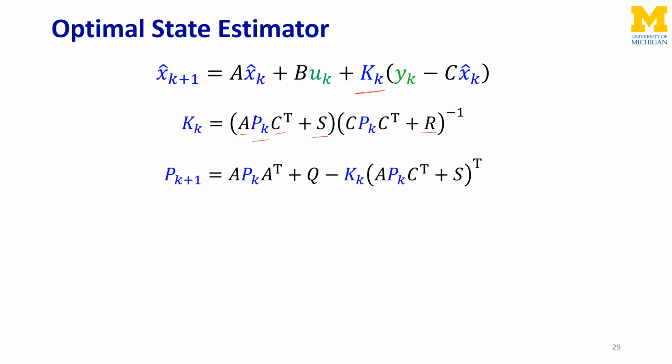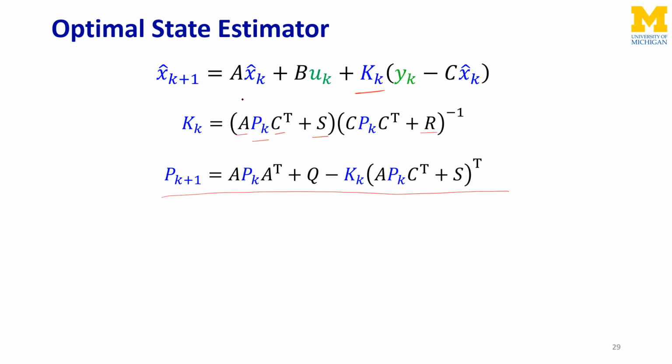There is no B in this equation. There is no explicit time dependency. K_k explicitly depends on the system dynamics, the noise, and the state error. And the state error covariance is propagated using this equation.